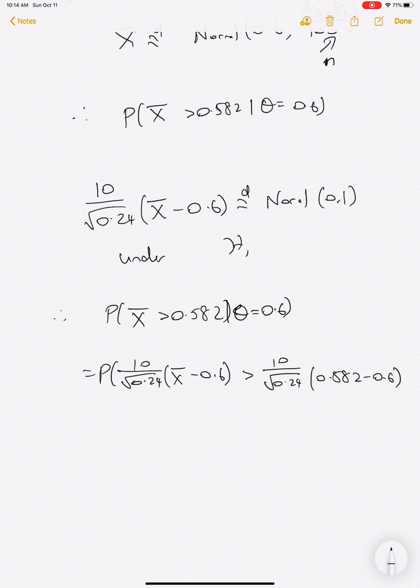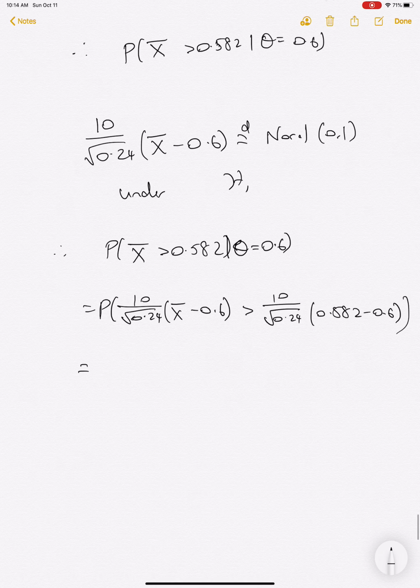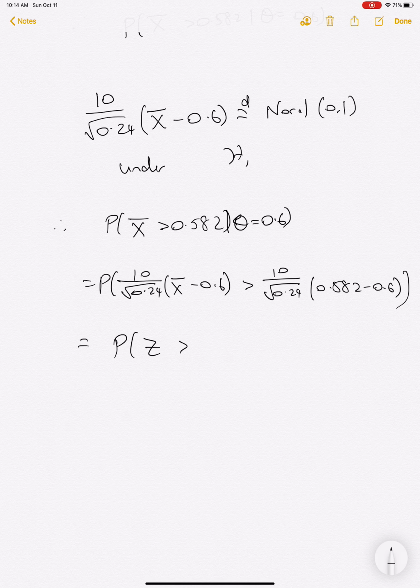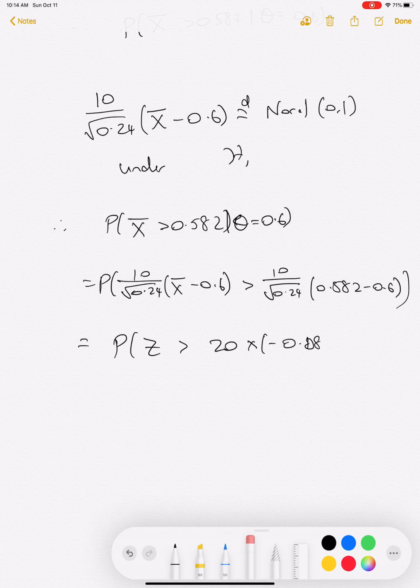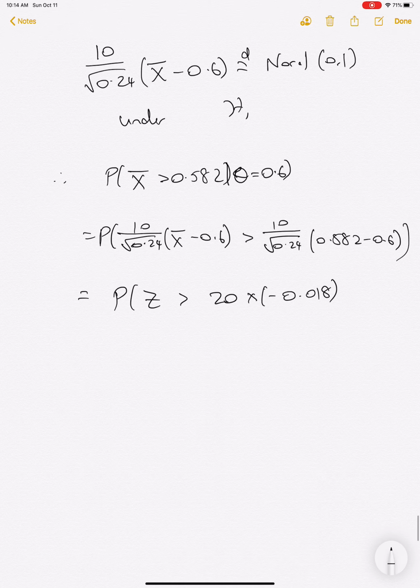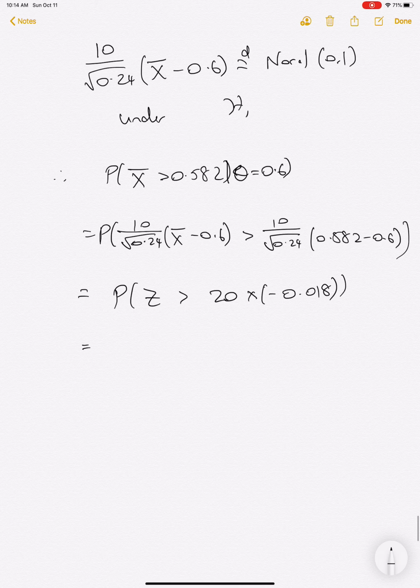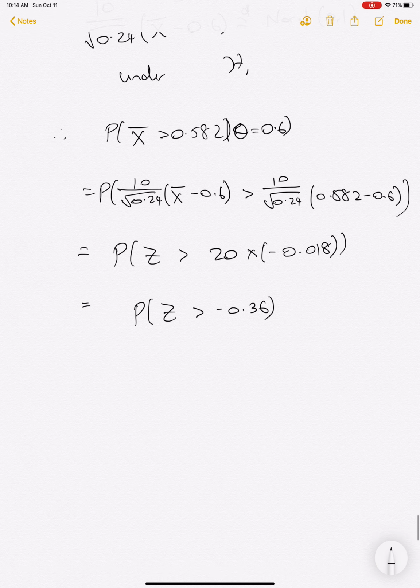Again, this is a z score, and so this is going to be about 20 times negative 0.018. And so we're going to get that this is z bigger than negative 0.36.